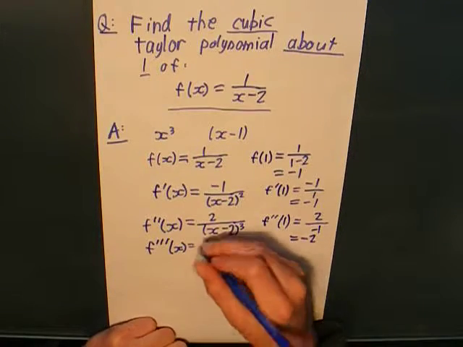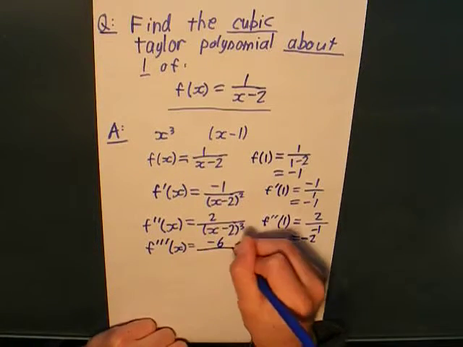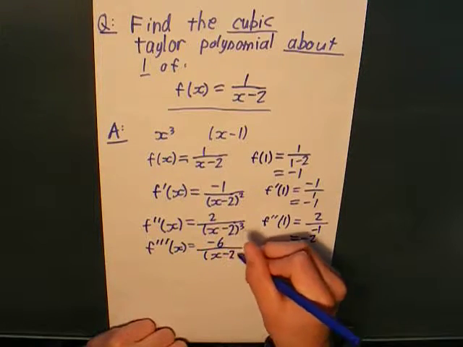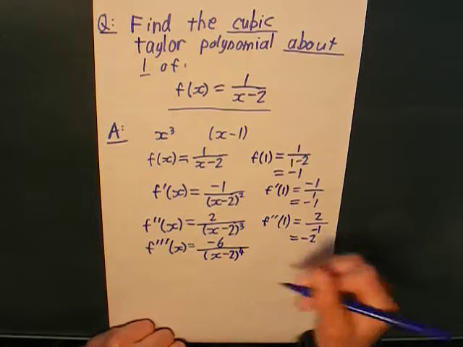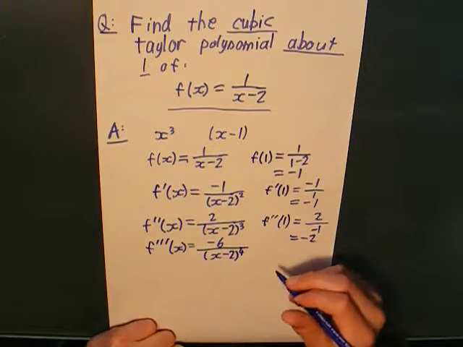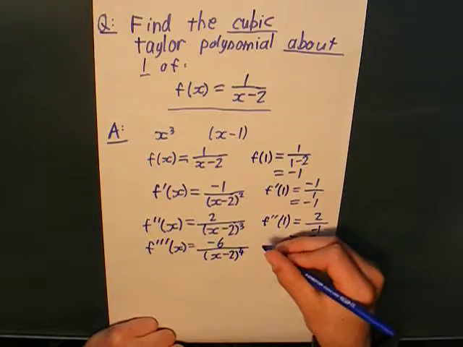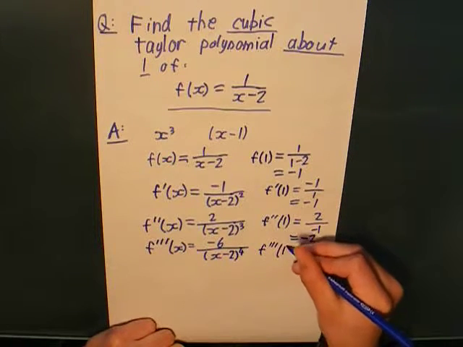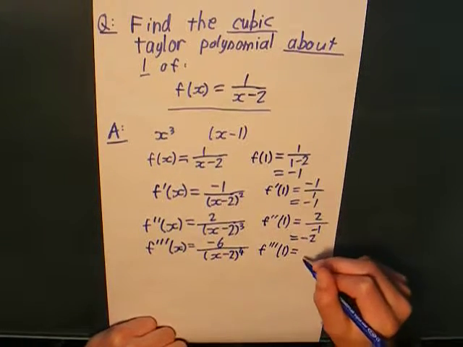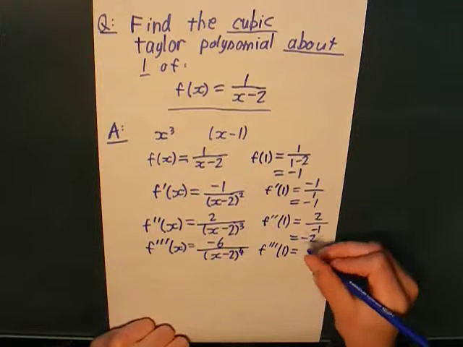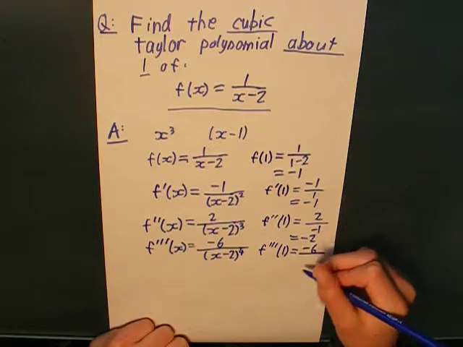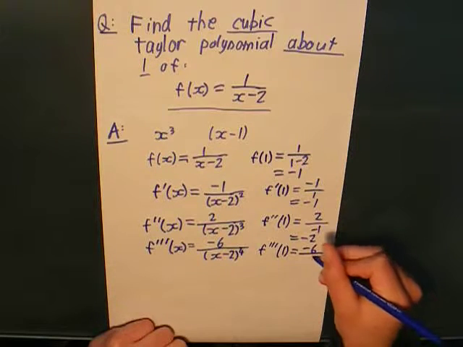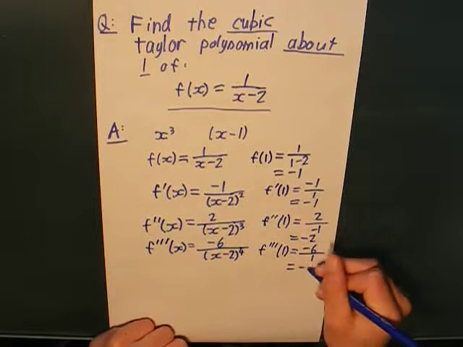And here I've got minus 6 over x minus 2 to the 4th. So f triple prime of 1 is minus 6 over 1 minus 2, that is minus 1 to the power 4, which is 1, equals minus 6.